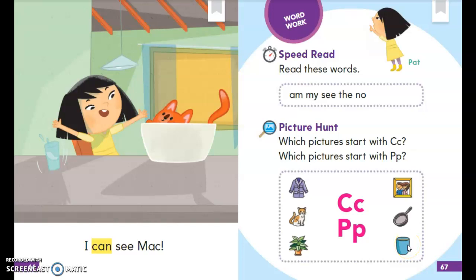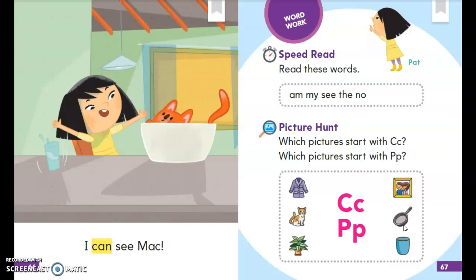Awesome job. My next question. Which pictures start with P, the P sound? Yes, if you pointed to the plant, the picture, and the pan, you are correct. Kiss your brain.